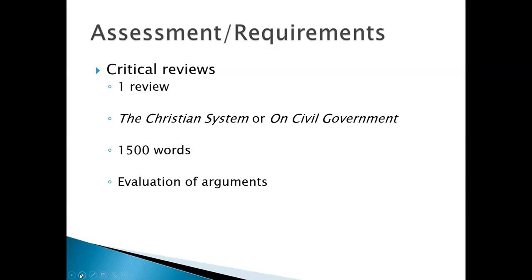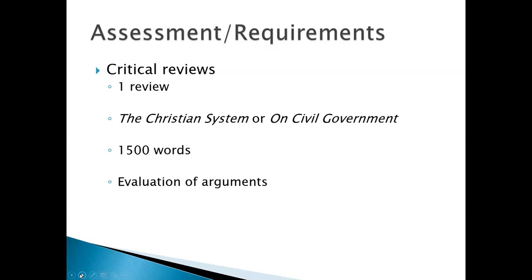And basically the first part of your paper will be a summary of the book. So if you chose On Civil Government, for example, you would spend the first part just giving an overview of what Lipscomb says in On Civil Government. What's his main points? What's his overarching argument?